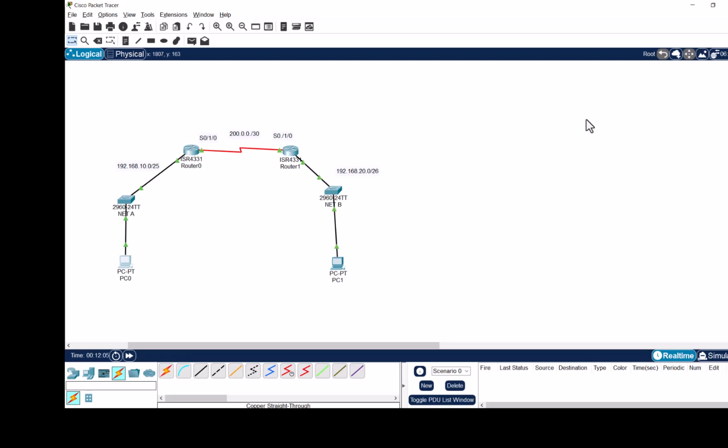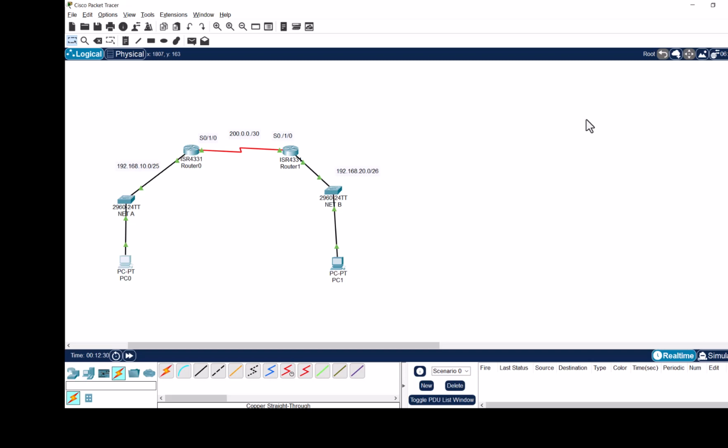So what we're going to do in this case, the default administrative distance for EIGRP is 90. And for static routes is 1. So if there is a static route, the router would usually prefer the static route. However, we're going to do a static route, but we give it a very high administrative distance.